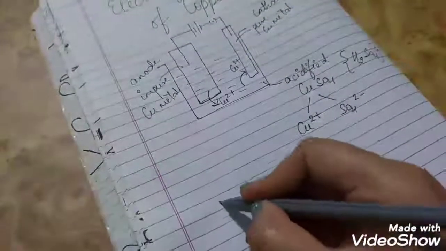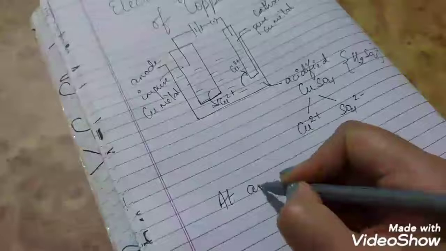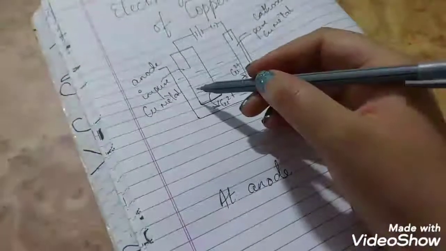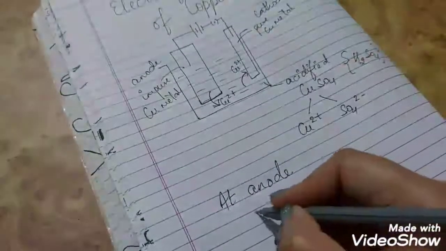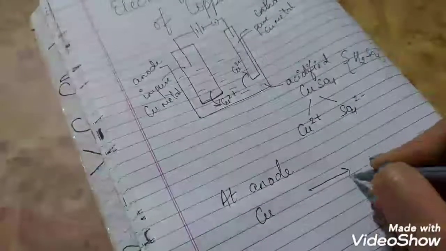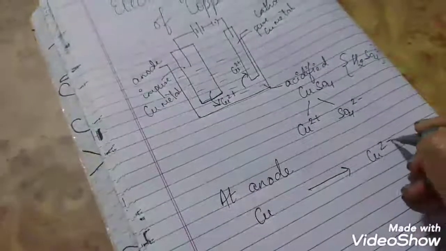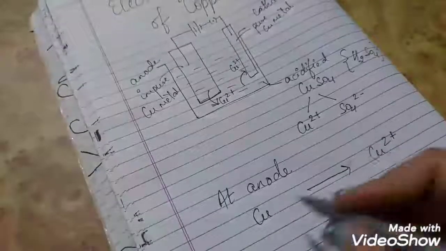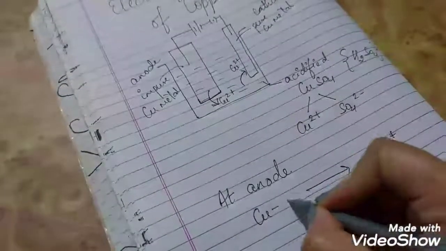Now at the anode, what is happening? At anode there is impure copper. So this copper has to convert into copper ions. To convert into Cu2+, that means it has to lose 2 electrons.